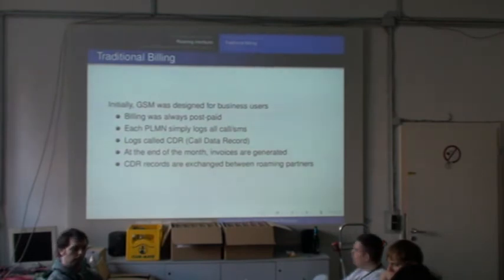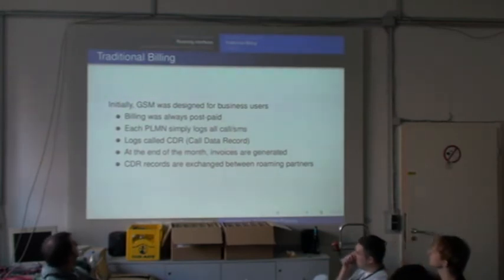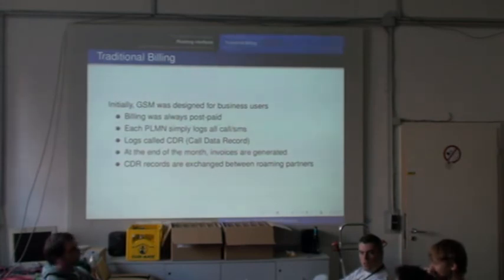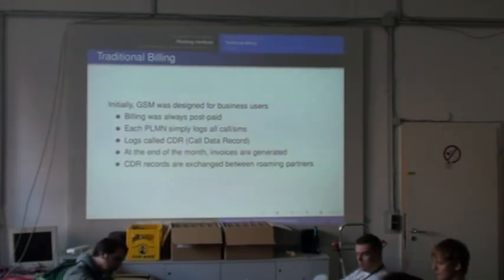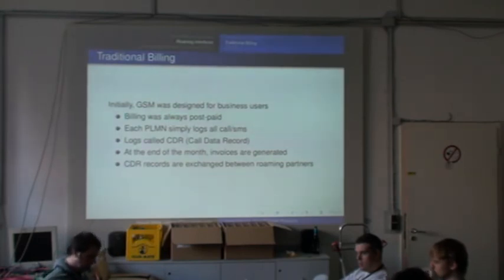Okay, well, something about billing, because that relates to Camel quite a bit and what we just discussed before. So initially when GSM was designed, you always have to go back to the history, and there's this very excellent book I can recommend by Dieter Hillebrand, a German guy who wrote an English book about GSM history. Actually many authors, but he's the publisher.